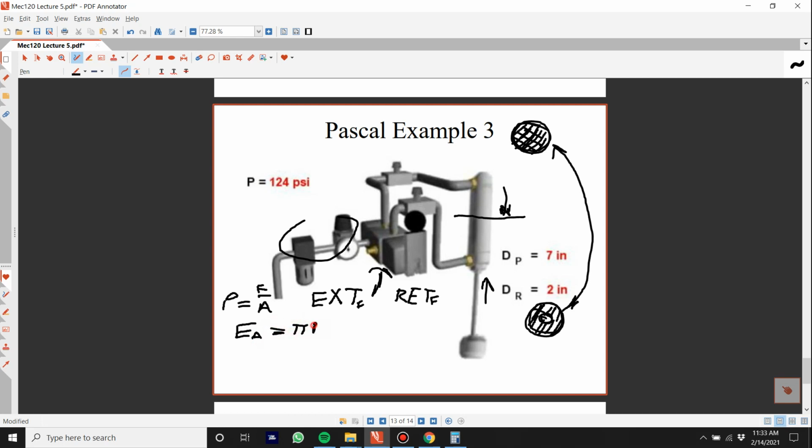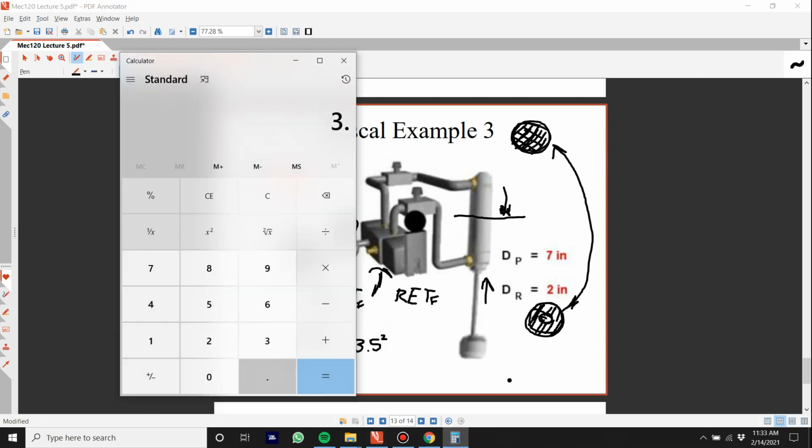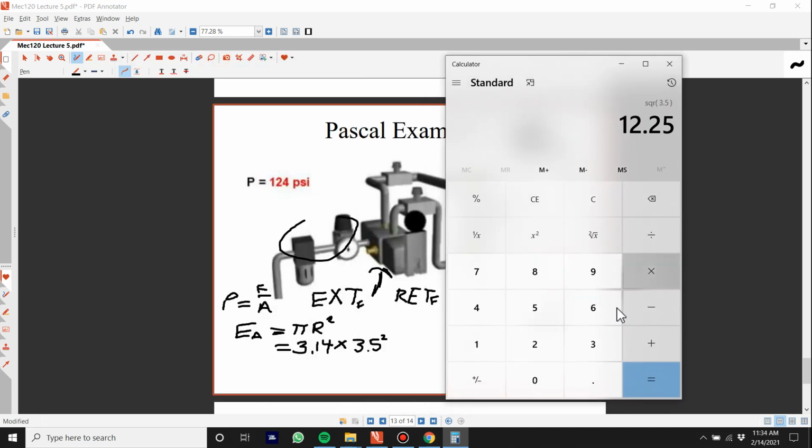And what we'll do is we'll go pi r squared. 3.14 multiplied by 7, we're going to half that, 3.5 squared. 3.5 squared multiplied by 3.14.